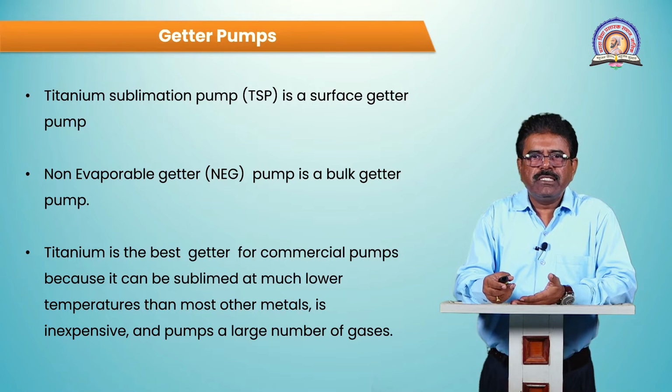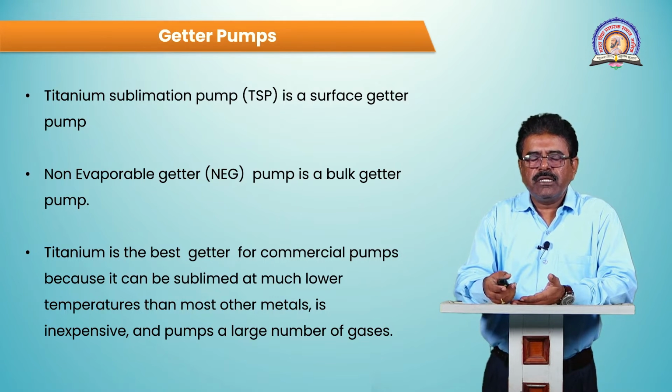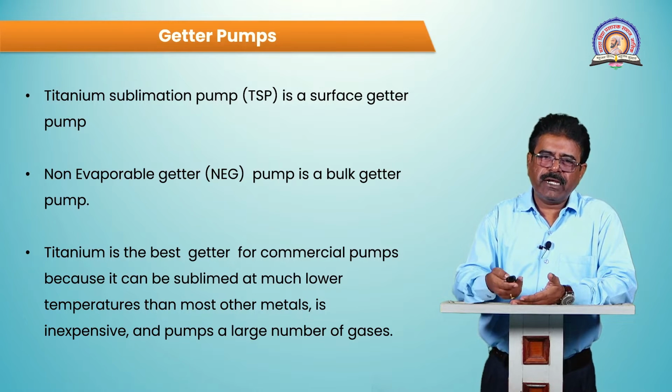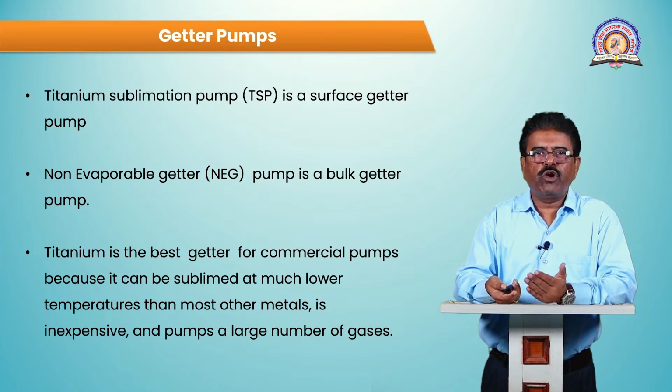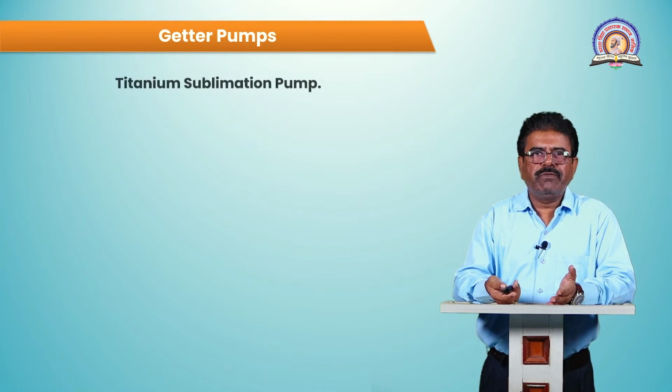Second, it is inexpensive, and third, and very important, a very large number of gases can react with titanium, forming chemical compounds. So their capturing capability will definitely be higher.